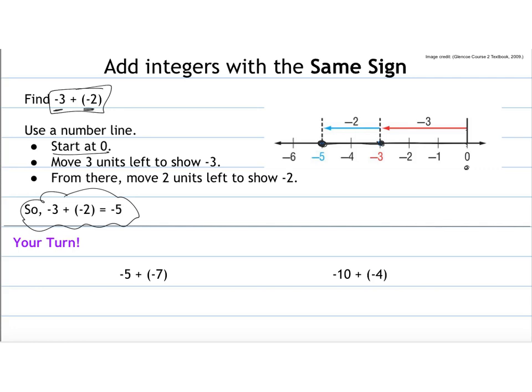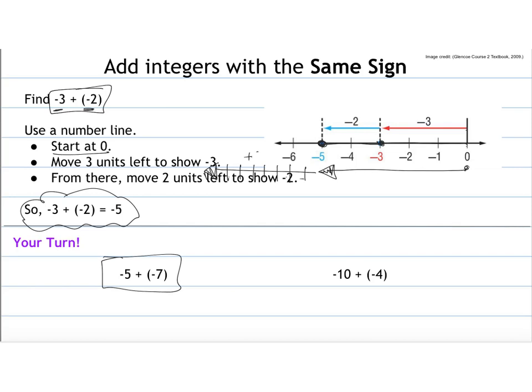If we have -5 plus -7, we start at 0, we go to -5, and then we add -7, so go 7 more to the left, 1, 2, 3, 4, 5, 6, 7.